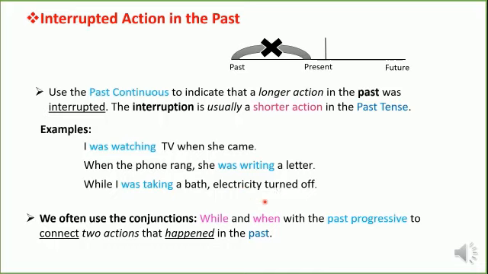Both actions happened in the past, but one of these verbs happened first. The one that happened first is the longer action, in the past continuous tense. The action that happened last, the shorter action, is in the simple past tense.